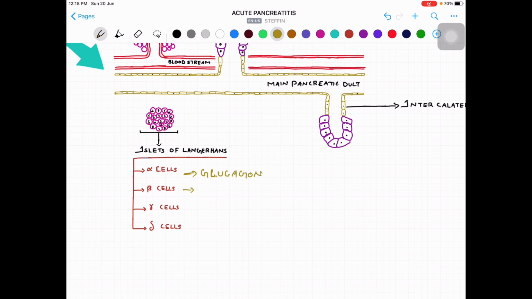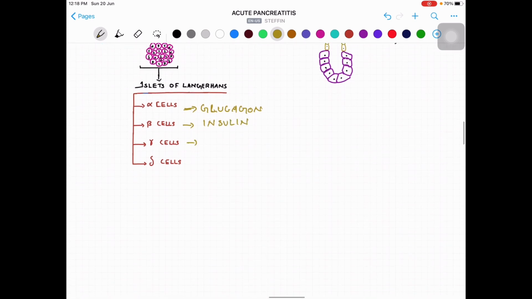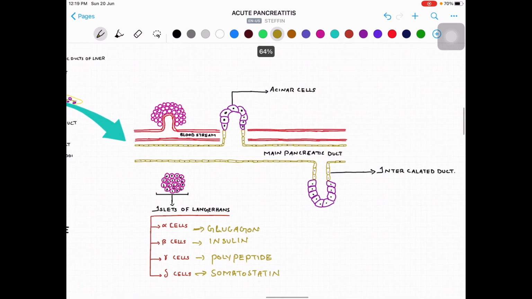And the beta cell secretes insulin. The gamma cell secretes pancreatic polypeptide. The delta cell secretes somatostatin. And these secretions are released into the bloodstream.